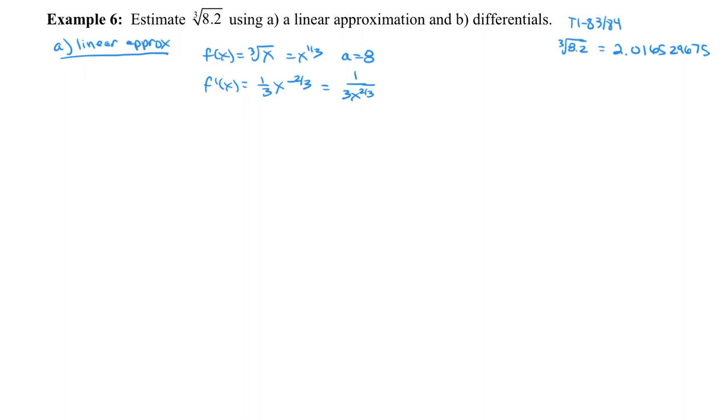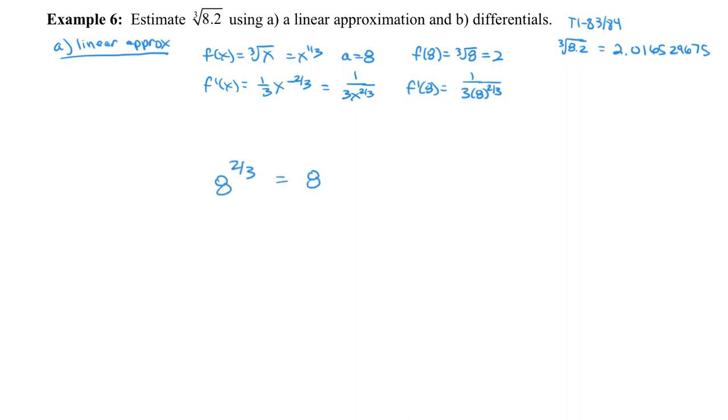Okay, so we've got f of x, we've got f prime of x. Then we need to find f of 8, which of course is the cubed root of 8, which we know is 2. And then f prime of 8, which is 1/3 times 8 to the 2/3. Let's consider this 8 to the 2/3.